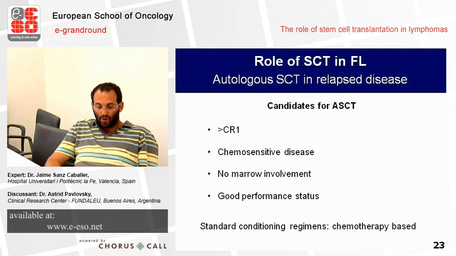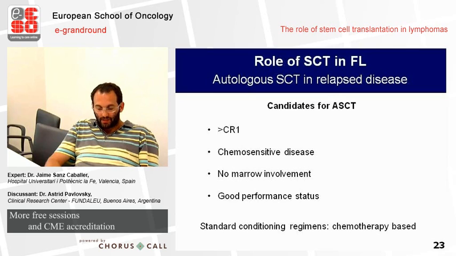Otherwise, patients who are beyond first complete remission but chemosensitive, do not have bone marrow involvement, and have a good performance status are excellent candidates for autologous transplant. However, for patients with limited stage at relapse, thoughtful consideration should include offering only radiotherapy and/or conventional treatment.